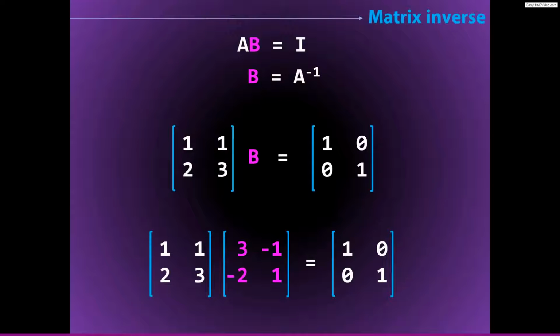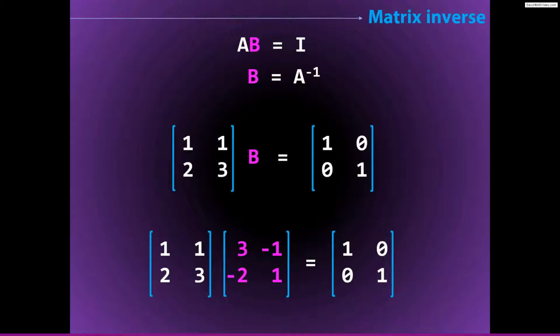In particular, only square matrices have an inverse, and only square matrices that have full rank, so all of the columns are linearly independent. Matrices that have these two special qualities have inverses, and other matrices, rectangular matrices or reduced rank matrices, do not have an inverse. They do have something called a pseudo-inverse. We'll get to that later. But they don't have a full inverse.